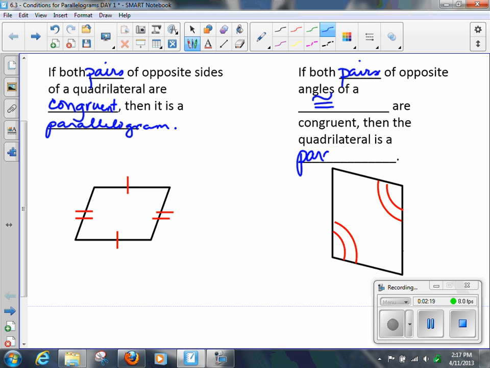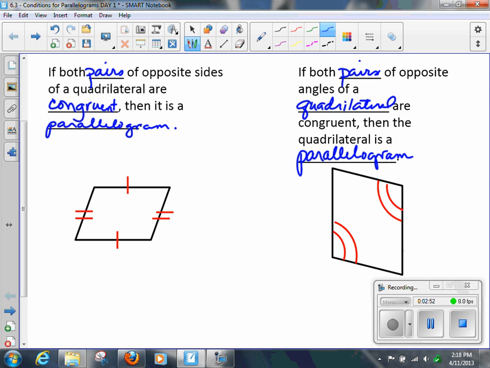Parallelogram, right. Oh, yeah, my fault. You're right. I didn't even see that. If both pairs of opposite angles of a quadrilateral, thank you, are congruent, then the quadrilateral is a parallelogram. Thank you very much.